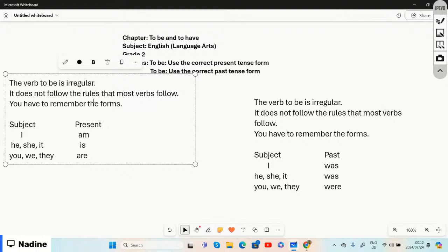All right. So when it comes to our verbs, right, we see that within any sentence, there needs to be a subject, which tells us who we are talking about, and there needs to be a verb. It gives us the action that the subject is doing.